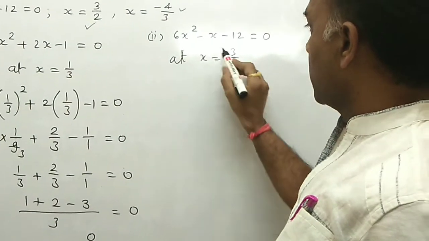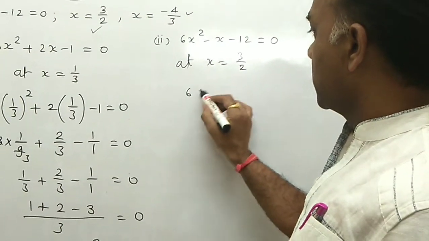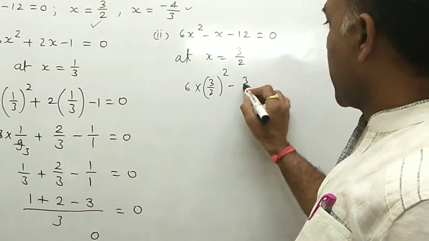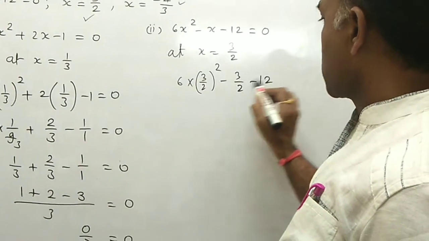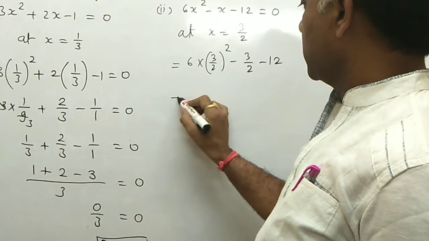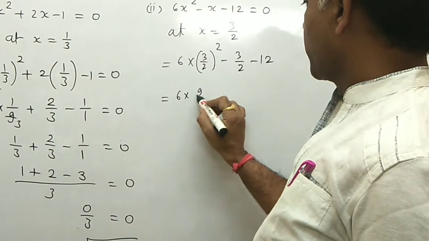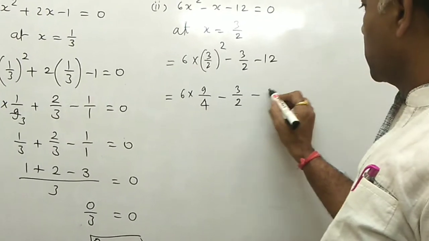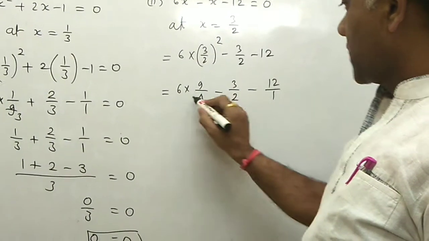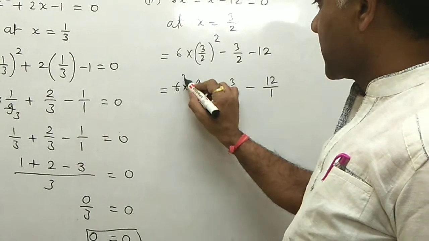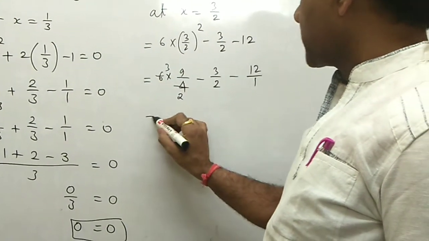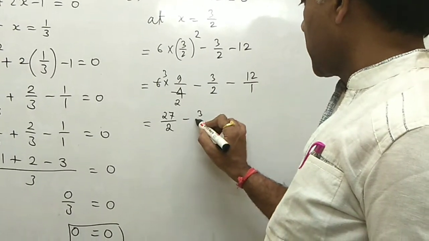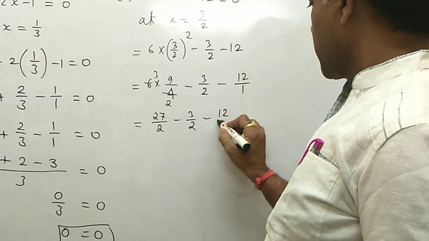Put 3 by 2 in place of x: 6 into 3 by 2 of whole square minus 3 by 2 minus 12. Then 6 into 9 by 4 minus 3 by 2 minus 12 by 1. 2 2s are 4 and 2 3s are 6, 3 9s are 27, so 27 by 2 minus 3 by 2 minus 12 by 1.